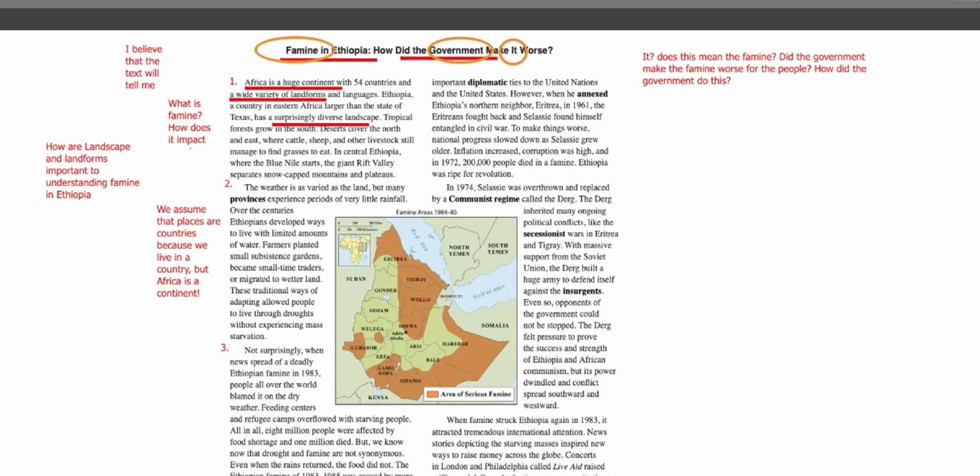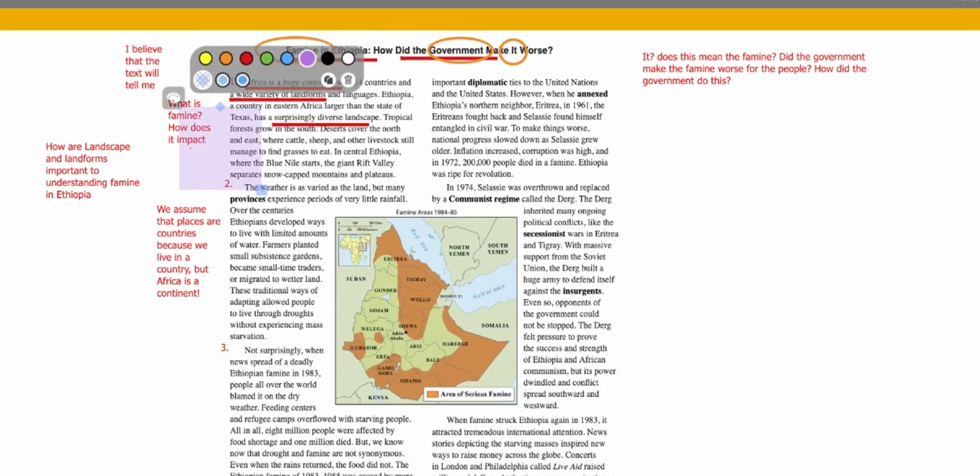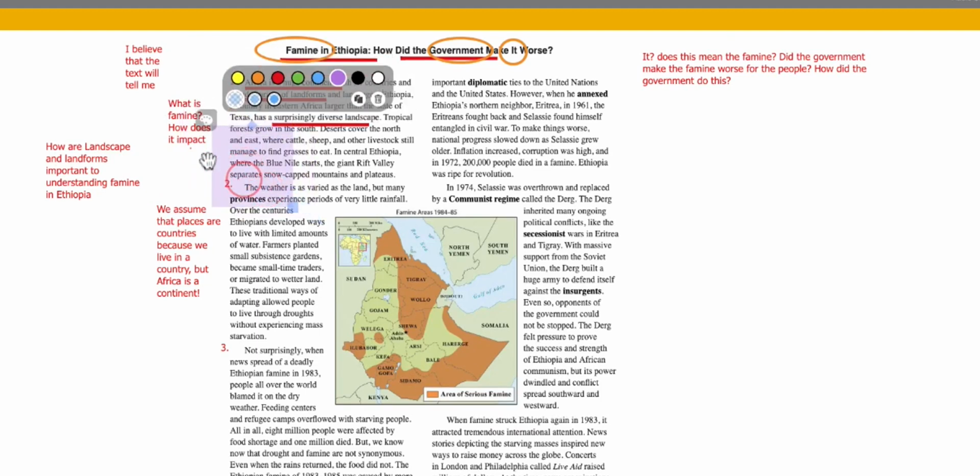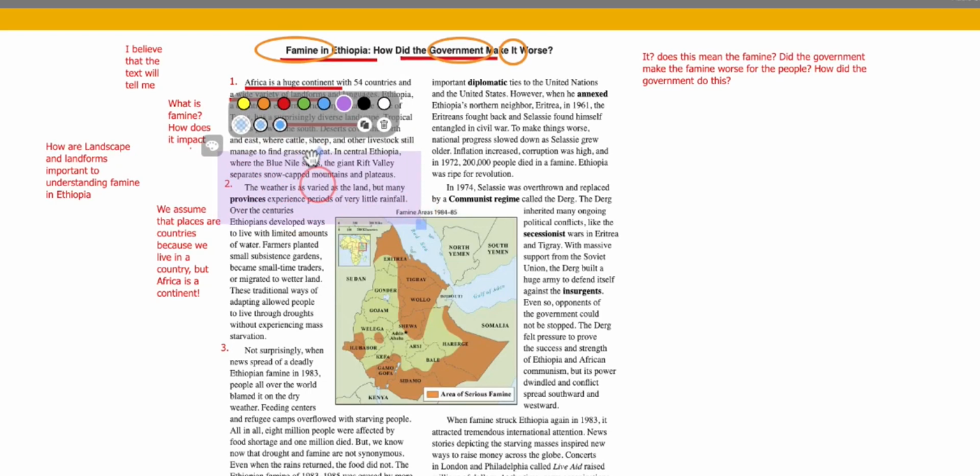So you think about going from a snow-covered mountain to a desert where there is no greenery, no water at all. That is a very diverse landscape, as they said. And again, I'm just going to highlight this because I'm wondering how this diversity in landscape impacts famine. What does it have to do with famine?